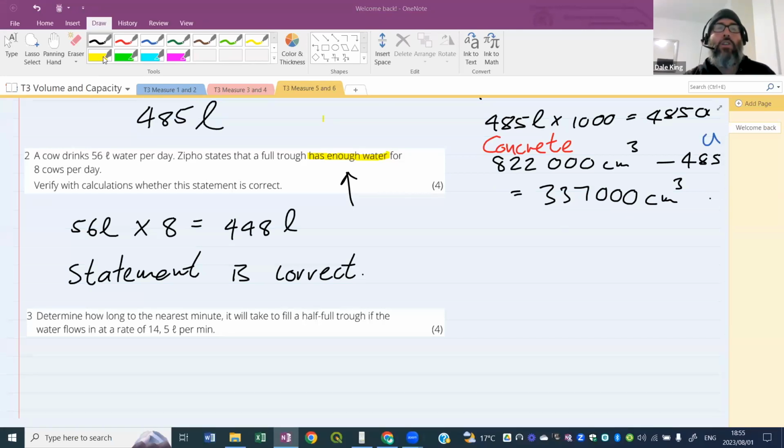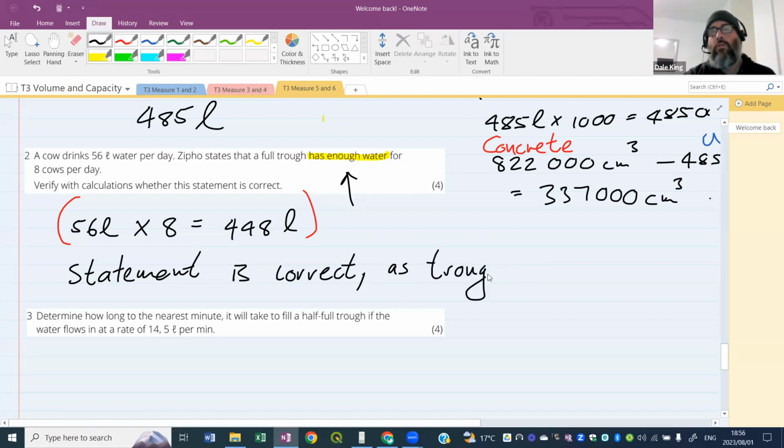Mohammed, you need a calculation. This calculation that we have here is backing up our answer. You could say the statement is correct as the trough has more than enough.